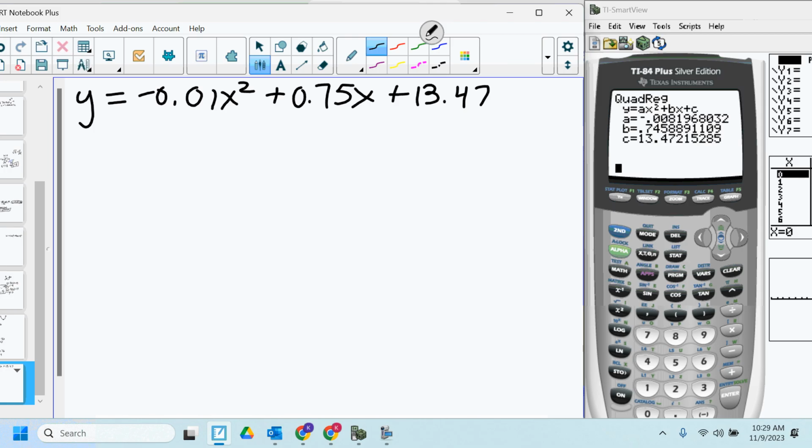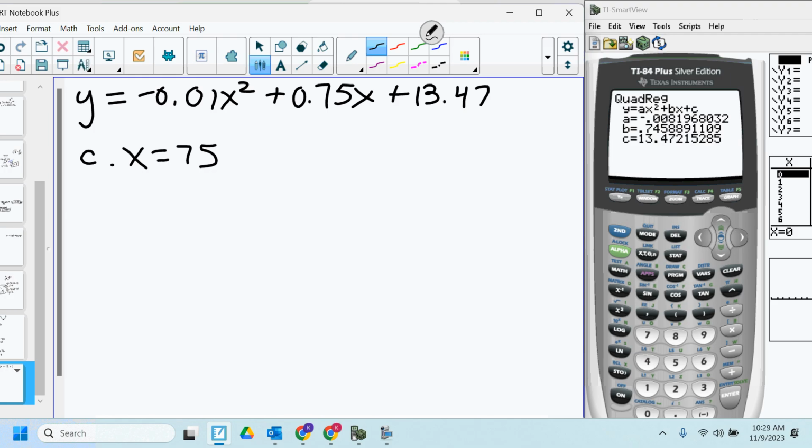Now, we want to predict the fuel economy at 75 miles per hour. What are some keywords? 75 is my miles per hour, which means it's my x value. X is 75, so now I'm looking for my y.